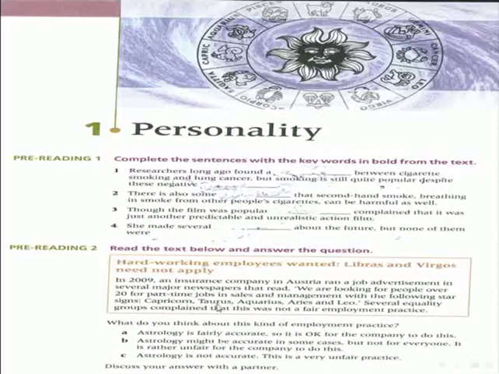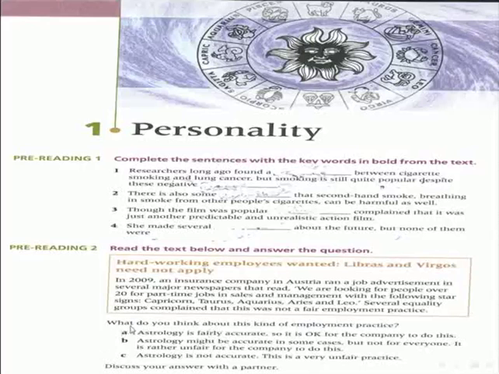Capricorn, right? Taurus, Aquarius, Aries, and Leo. Several quality groups complained that this was not a fair employment practice.